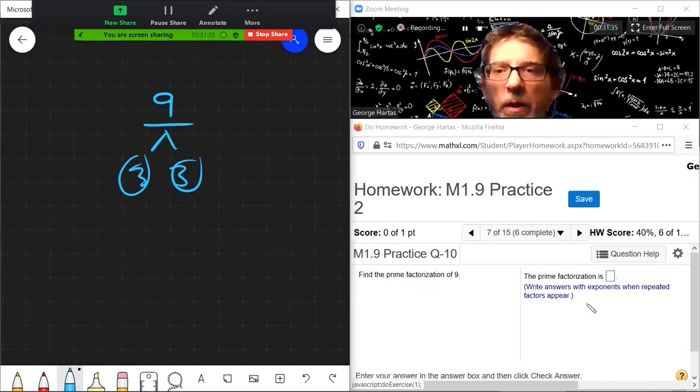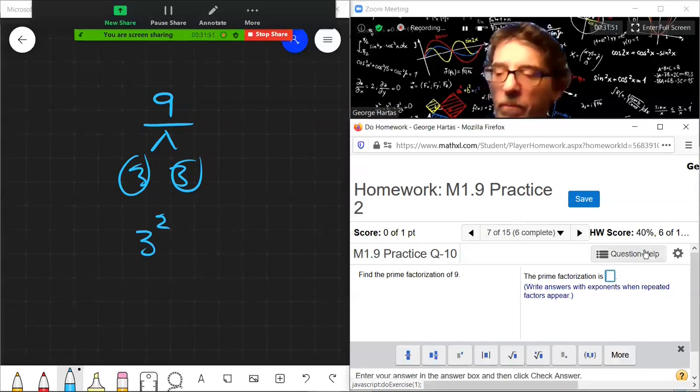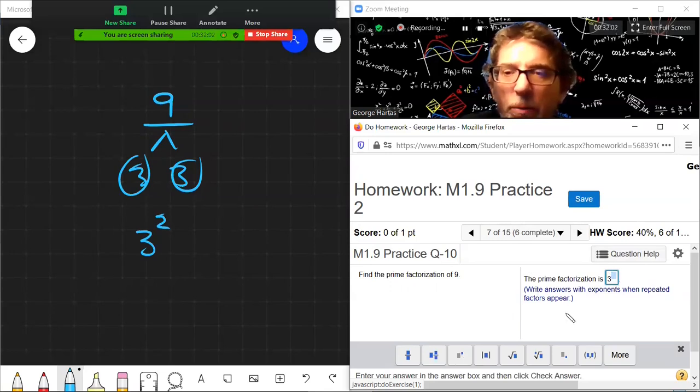They want the answers with exponents for repeated factors, and we have a repeated factor because we have 2 3s, so we have 3 squared, or 3 to the 2nd power. We have 2 copies of 3. So you type in the base 3, and then you type in this exponent symbol down here, the superscript, click it, and then you'll be able to type in the 2.